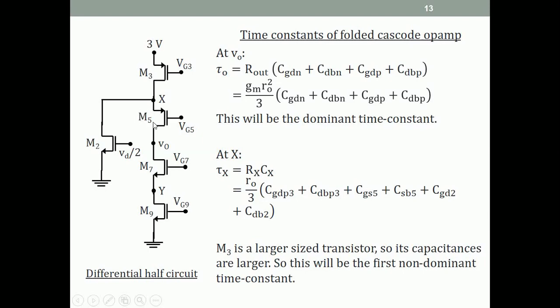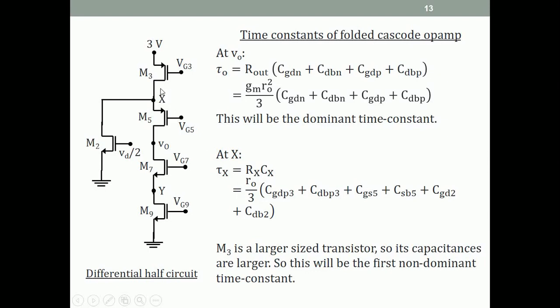It is ro5 plus the resistance seen down from the drain, which is gmro squared. So ro plus gmro squared divided by 1 plus gmro of M5. That is approximately gmro squared by gmro, which is ro. So this is ro, another ro, another ro, so ro by 3.